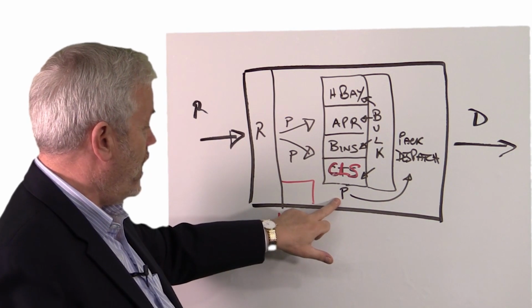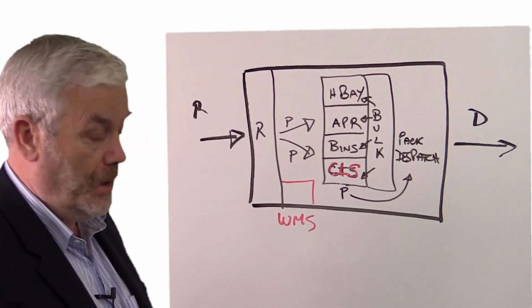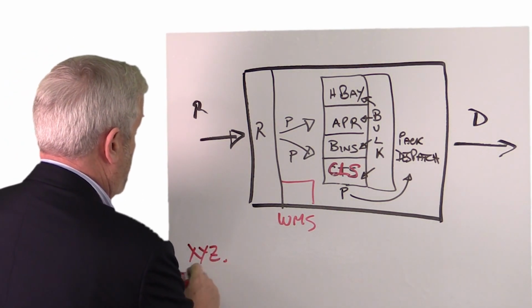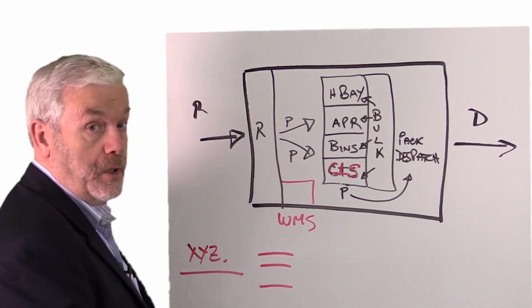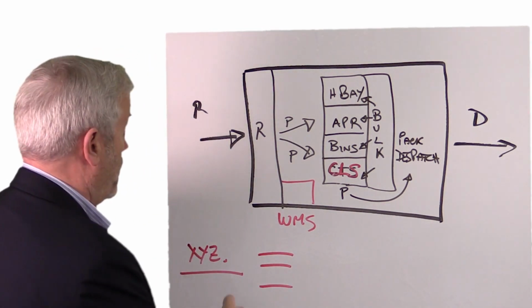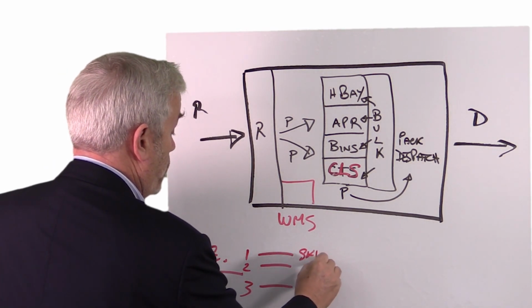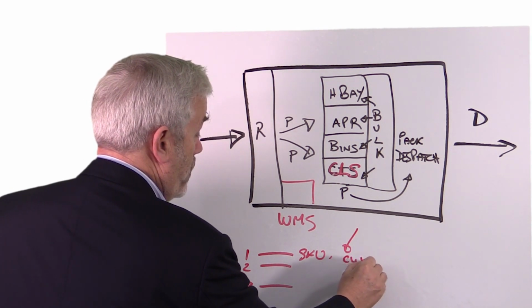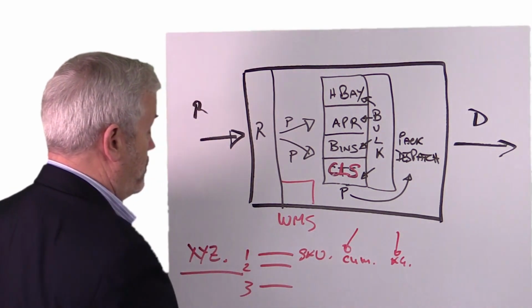So if I'm doing picking, for example, I've got an order line. We've got an order, X, Y, Z. I've got 3 order lines. It's telling me what the SKU is. I'm pulling in the dimensions, so I know the cubic meters of it. I know the kilograms if I'm using that as an allocation method.